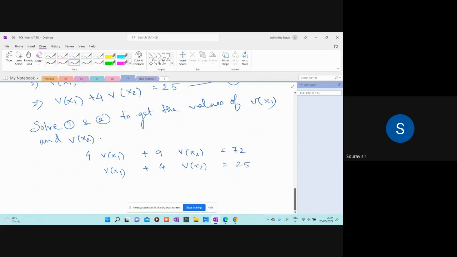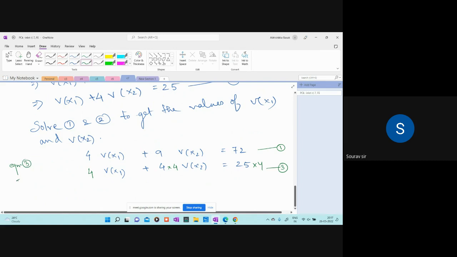I am multiplying equation 2 with 4, using another color. This is my equation 1 and this is my equation 3. Equation 3 equals equation 2 into 4. This is how I have obtained equation 3.